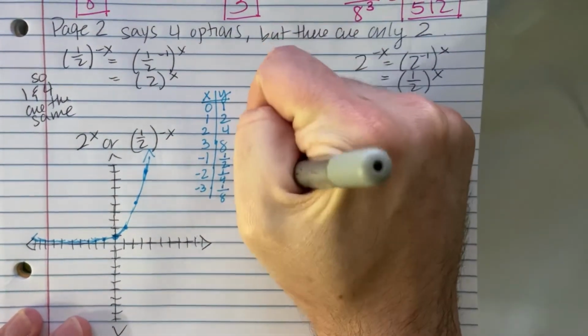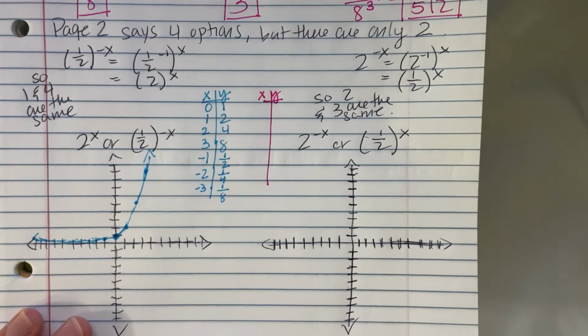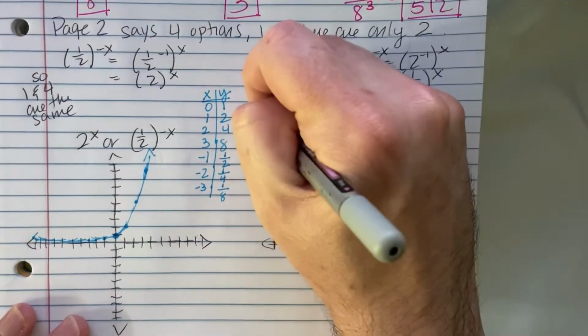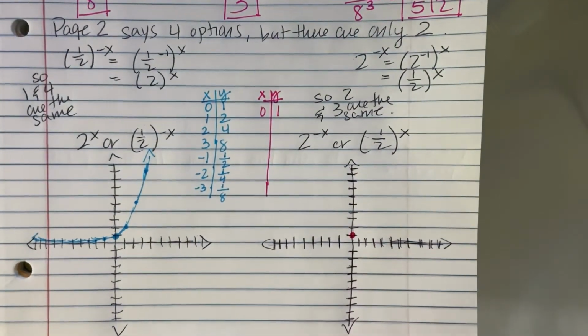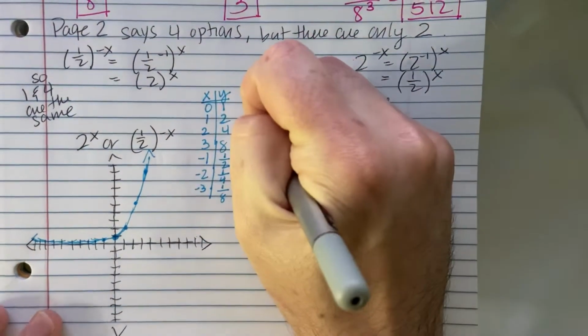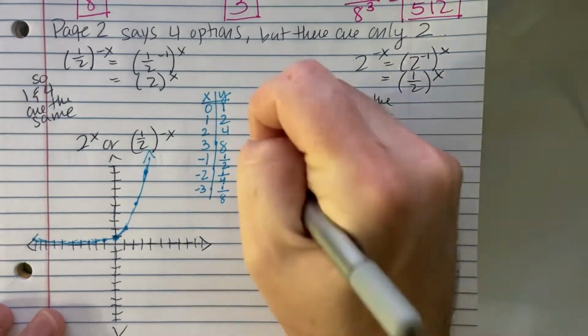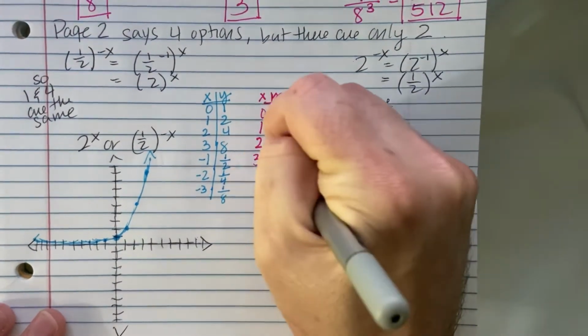So let's make a chart for x and y for the right graph. 1/2 to the 0 power, anything to the 0 power is still 1. So we're still at that same starting point that we were going the other direction. But 1/2 to the first power is now 1/2. So it's actually going down. 1/2 squared is 1/4. 1/2 cubed is 1/8.